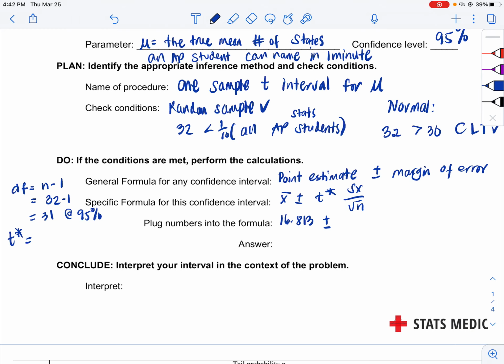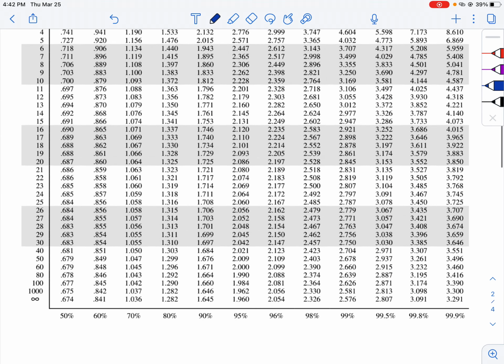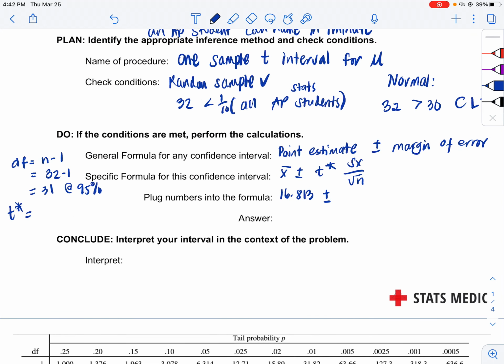But because in this table we don't have 31, we're actually using 30. With a DF of 30, we go down to 95% confidence here. So our t star is 2.042. Again, it was supposed to be 31, but since there's no 31, I went down to 30. So my t star is 2.042.